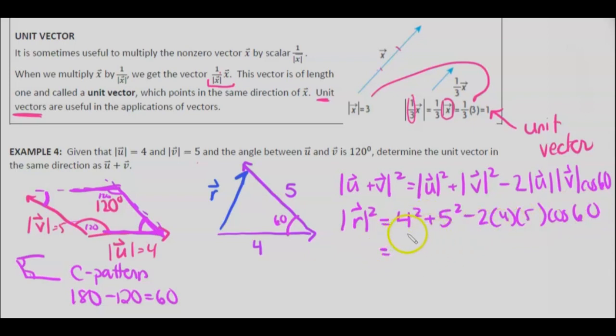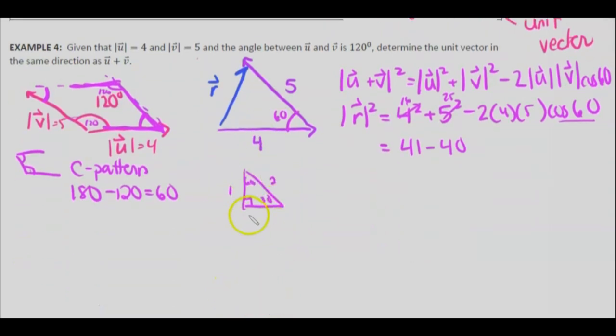Okay, here we have 4 squared is 16, 5 squared is 25. So we have 41 minus 2 times 4 times 5 is going to be 40. But then this is multiplied by cos 60. So special triangles, if we have 30, 60, 90, 1, 2, we're going to have root 3.